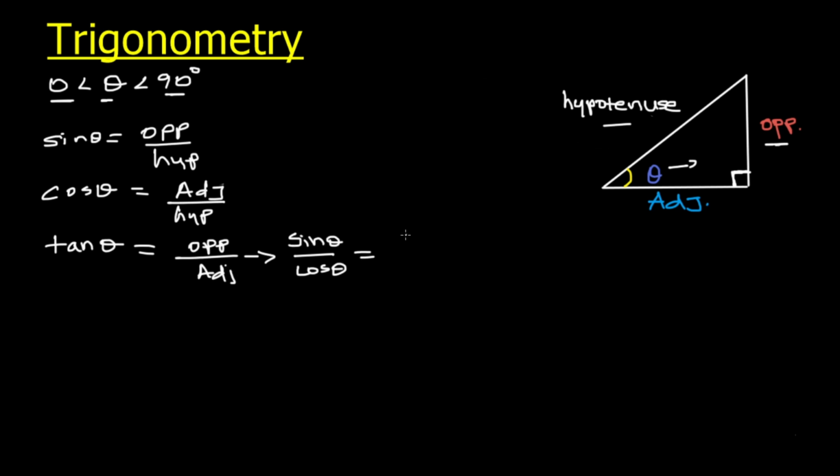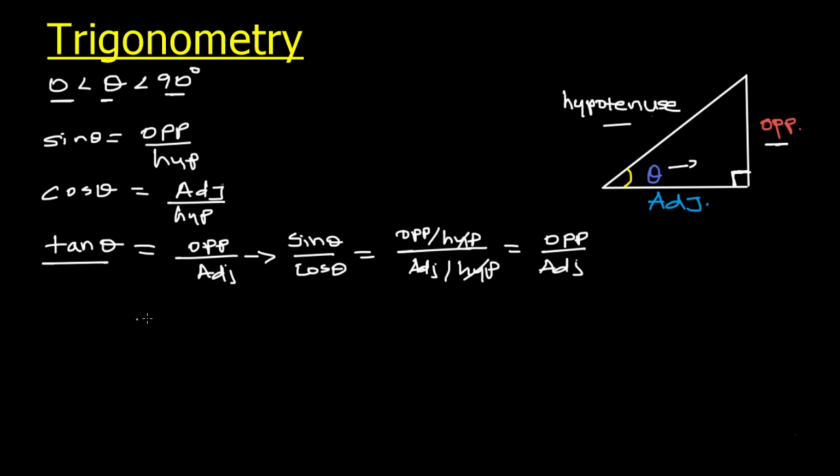So sine theta equals the opposite side, as you know, divided by hypotenuse, and cosine here equals the adjacent side divided by hypotenuse. We cancel out the length of the two hypotenuse sides. What is left is the length of the opposite side divided by the length of the adjacent side. That is how we derive tan theta.